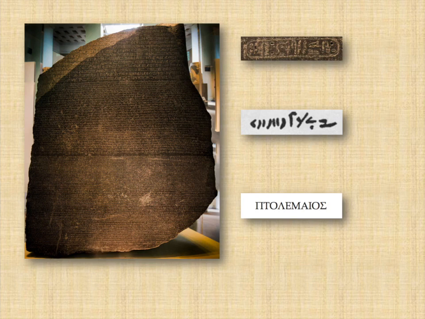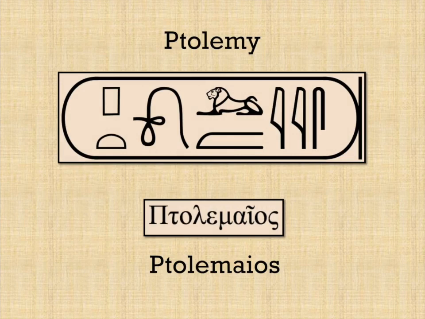Now, as more artifacts came in from Egypt, then there were more opportunities to find examples where there were hieroglyphs and Greek on the same inscription, so other names started coming out as well. Let's take a closer look, and a clearer look, at the name Ptolemaios. We can see here a more idealized form of his name.